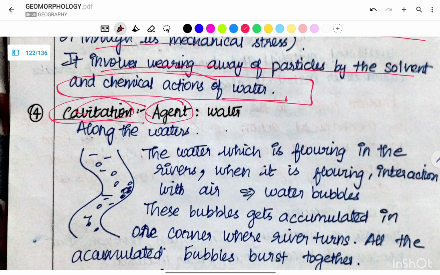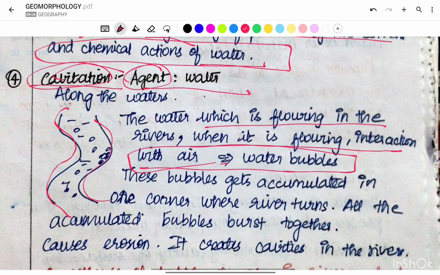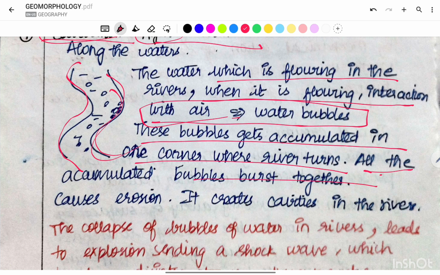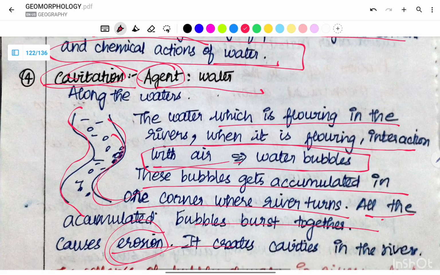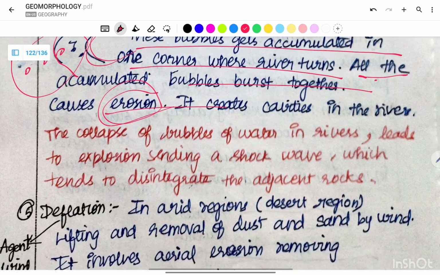The agent is water. When the water flows in the river, it interacts with the air. These bubbles accumulate at one corner where the river turns, and the accumulated bubbles burst together, causing erosion. The cavities are filled up with water.